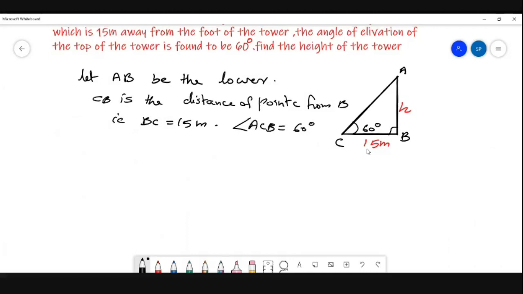So in triangle ABC, tan 60 equals opposite side divided by adjacent side. Tan 60 we know is root 3. So root 3 equals AB, or you can replace it by h, divided by 15.